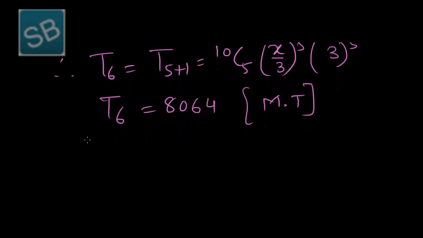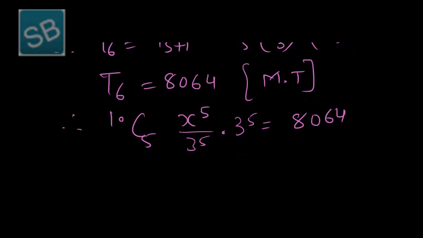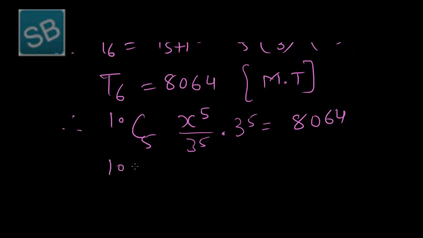Therefore, we have 10C5 (x/3)^5 into 3^5 is equal to 8064. That is, we get 10C5 x^5 is equal to 8064.